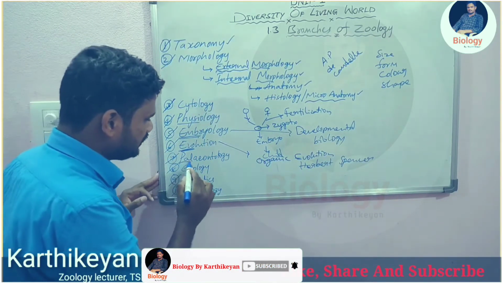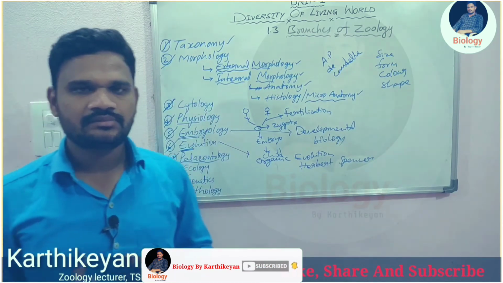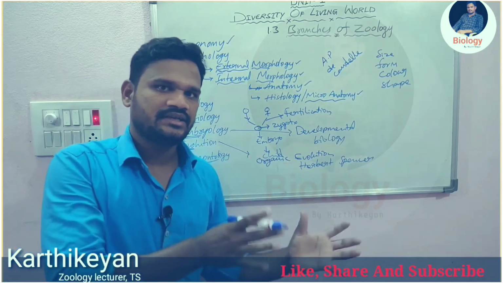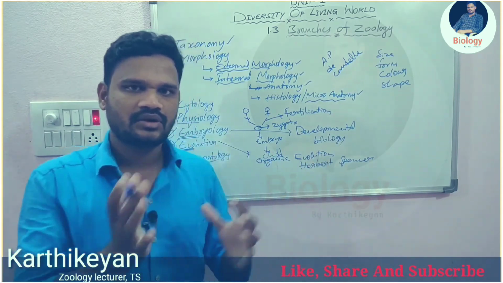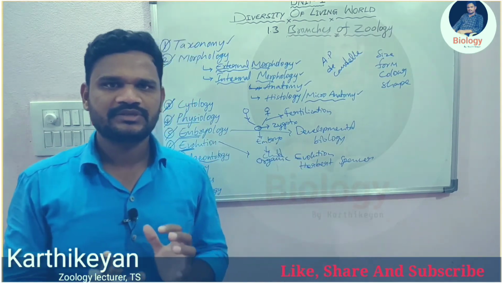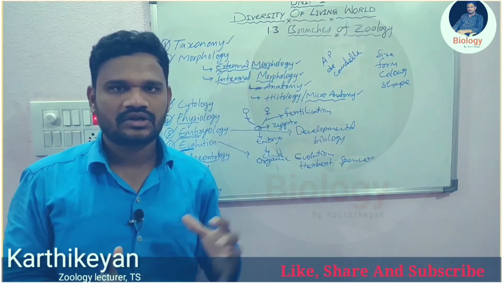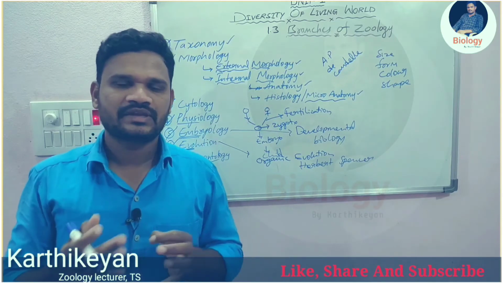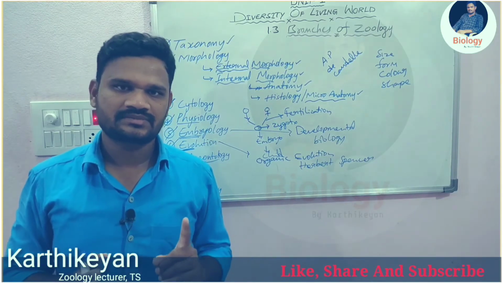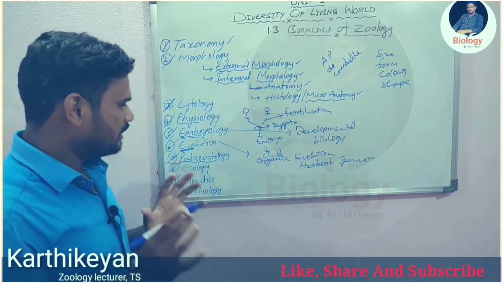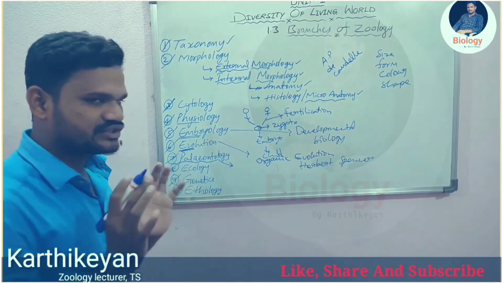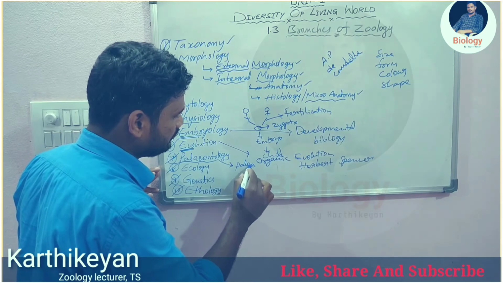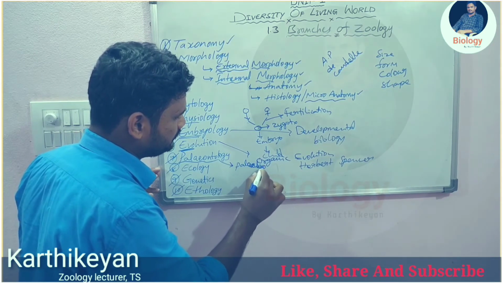Next one, paleontology, right? Paleontology means it is the study of died animals or died plants or died microorganisms, which means the study of ancient organisms is called paleontology. In ancient organisms, we can find two type of organisms, either it is a plant or animal. That's the reason if the study of ancient plant is called paleobotany.